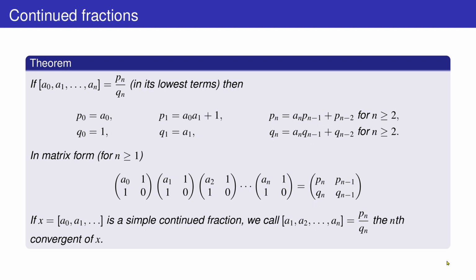Also, continued fractions have lots of structure inherent in them, very, very well behaved and regular. So in particular, if you consider a finite continued fraction, you can think of it as a fraction in its lowest terms, Pn over Qn, and the Pn's and Qn's have a nice recurrence relation with the terms of the continued fraction.